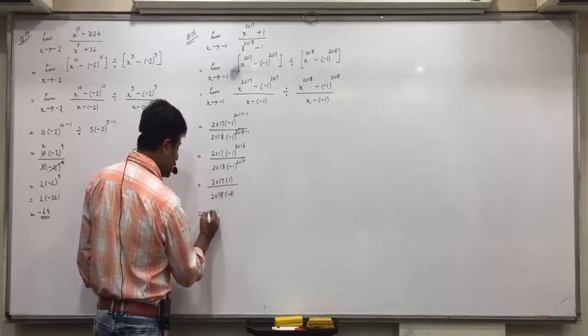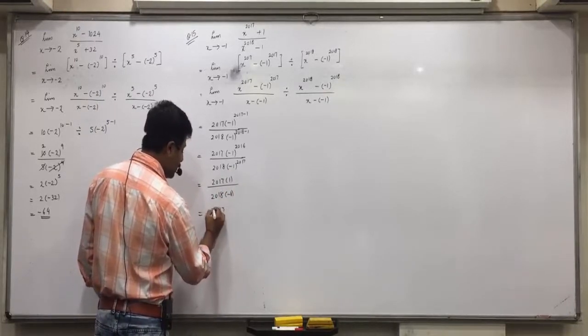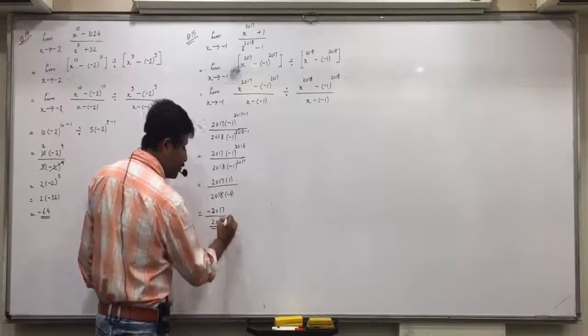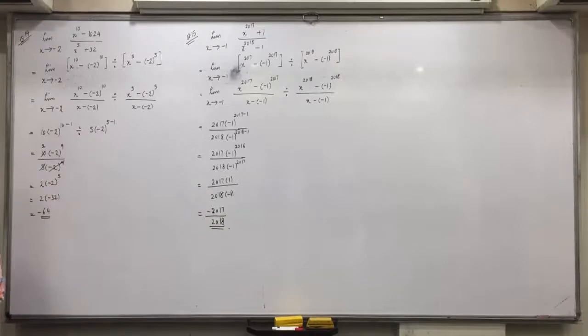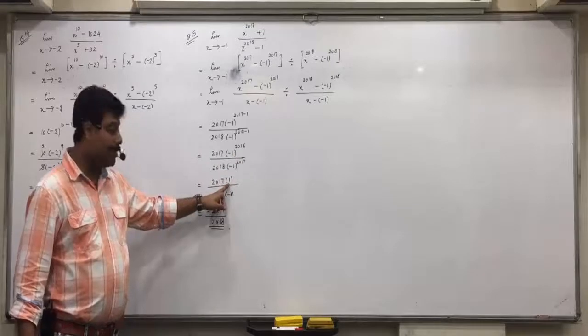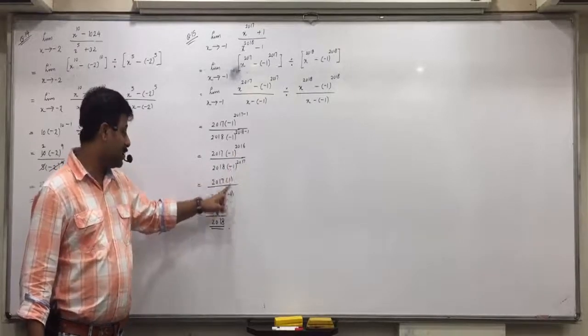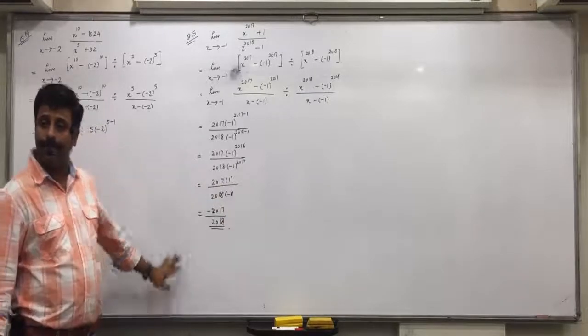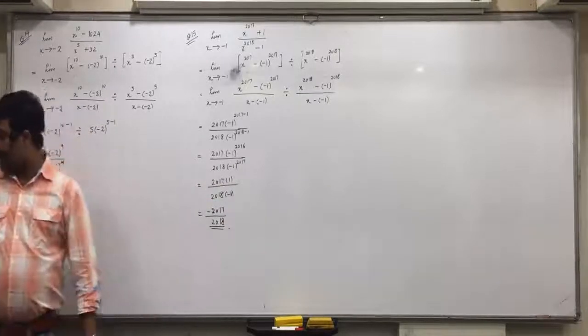In short, the final answer is minus 2017 upon 2018. Did you understand this? Even power of a negative number becomes plus 1. Odd power of minus 1 remains minus 1. Is everyone clear with this?